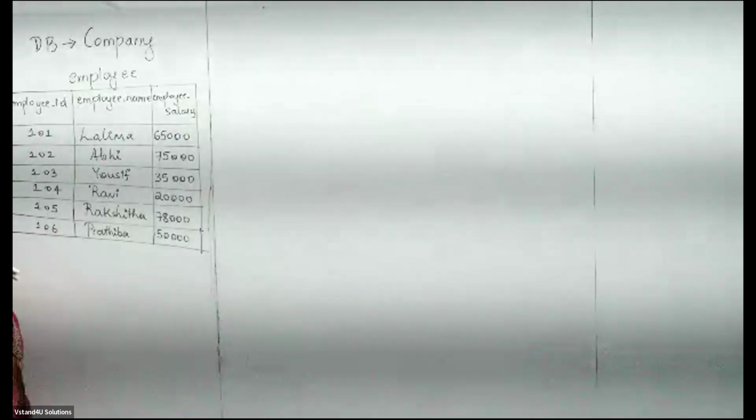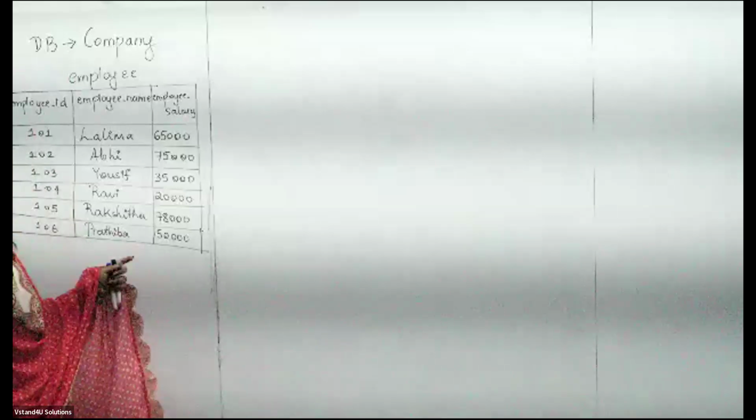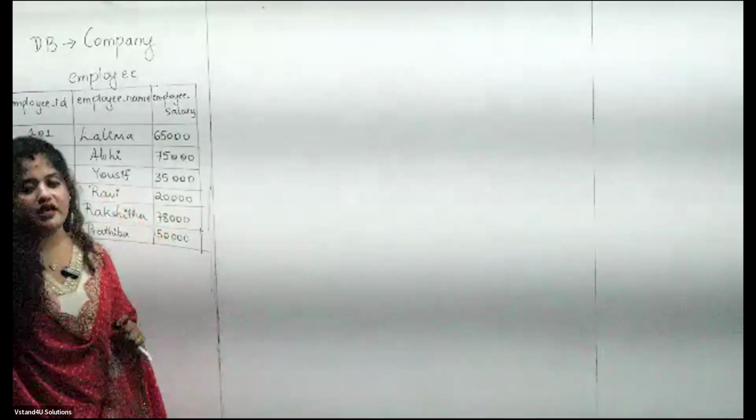Yes. And the next query was to display both employee name and employee salary. So you gave select employee name, comma, employee salary from employee. Next one is, wherever the name Yusuf is there, you want to take both employee name and employee salary of that.